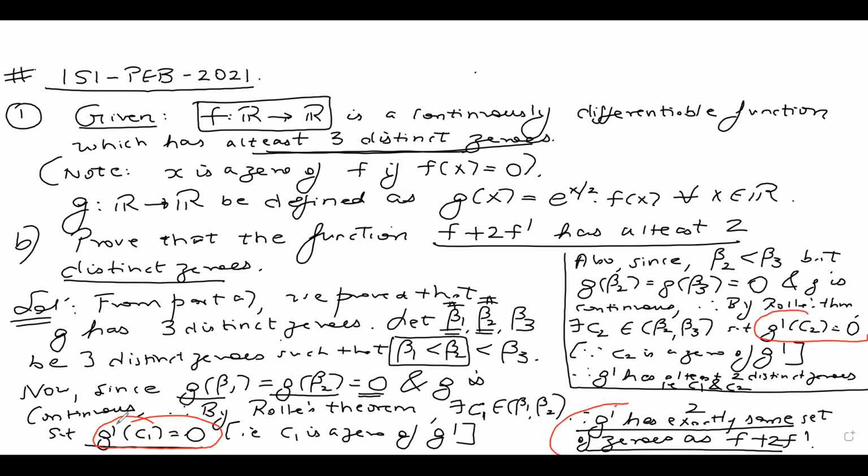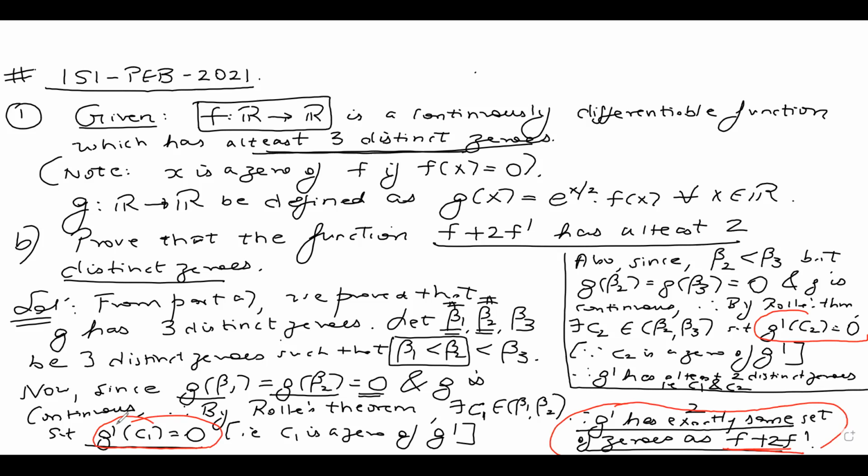And since I had said that g dash has exactly the same set of zeros as f plus 2f dash, since g dash has at least 2 distinct zeros, I can say that therefore f plus 2f dash also has at least 2 distinct zeros.